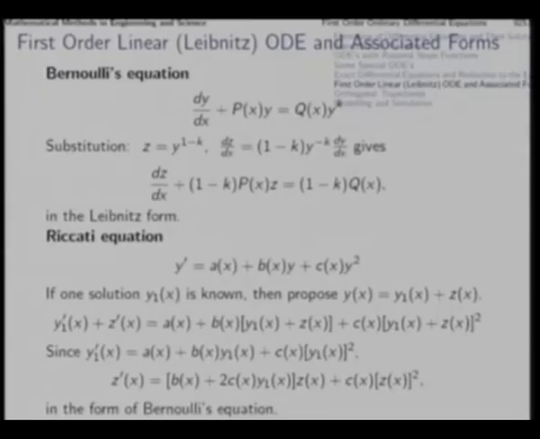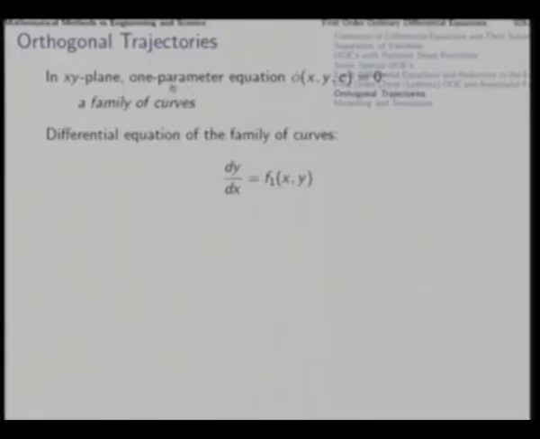There are a large number of physical systems, and their offshoots as engineering systems, where first order differential equations appear in a big way, and they can be solved to predict the behavior of those physical systems. Quite often in the description of curves and orthogonal trajectories, first order differential equations are found quite useful. For example, in the xy plane, a one parameter equation in x and y with c as a parameter represents a family of curves.